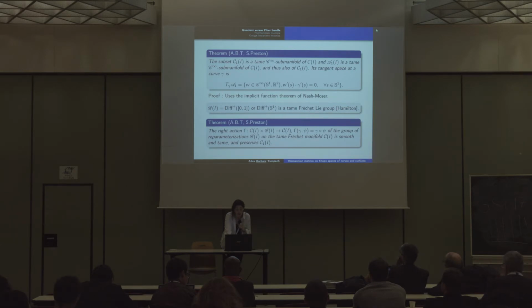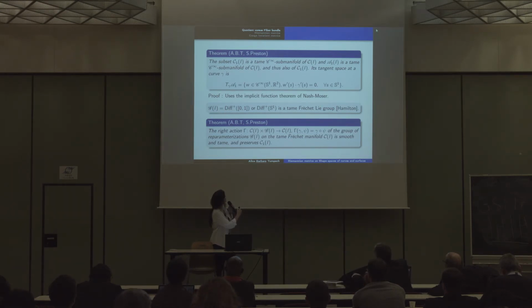Well, in fact, this arc length space, the space of arc length parametrized curves, is a tame C-infinity submanifold of the space of curves. And you can have a definition of the tangent space at a curve gamma.